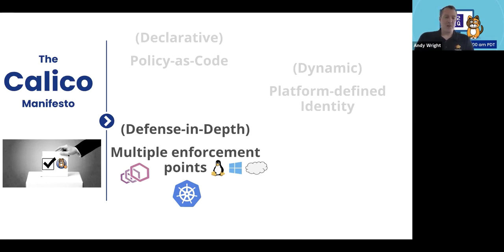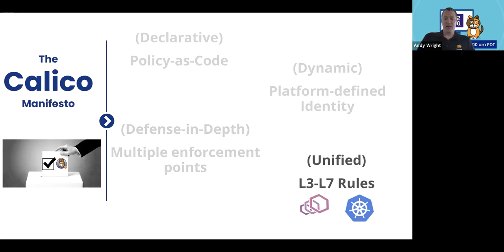The security policies are evaluated not just at the workload, but also at multiple points within the stack, including the edge of the workload itself, Kubernetes, and the pod level, as well as at the infrastructure level on the host. So this enables an application that might have been compromised in some way to not be able to compromise the rest of the environment, because the policies are also evaluated at these other layers of the stack. So it reduces the risk.